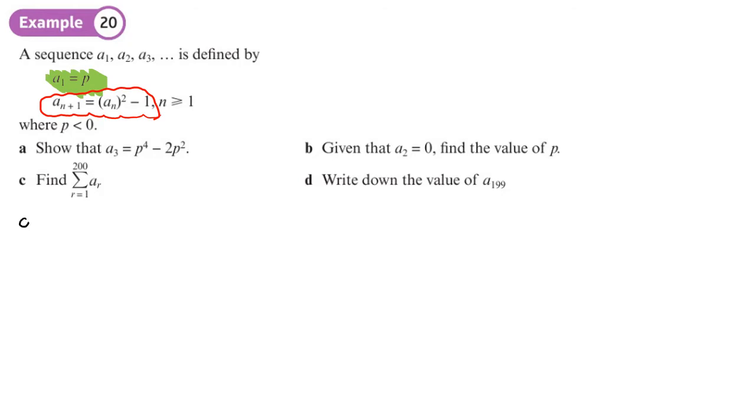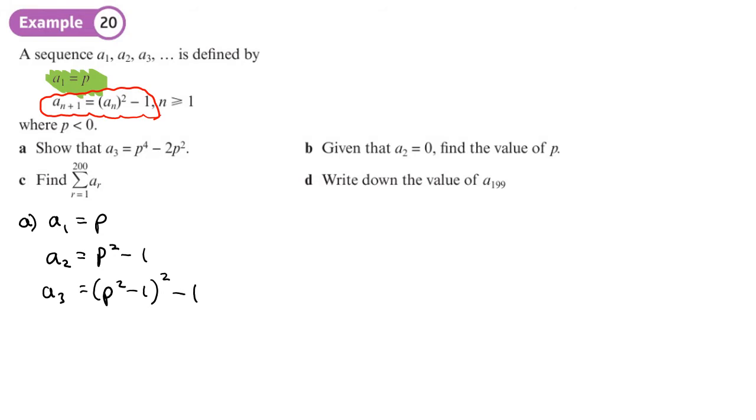Well, we'll start with A1, which we're given, which is p. Now to get A2, I plug this into the recurrence relation, so that's going to be A1 squared, so p squared minus 1. Then I take that and put it in again, so A3 is going to be the last value squared, so that's p squared minus 1 squared minus 1.